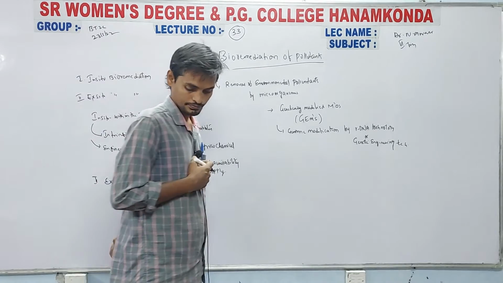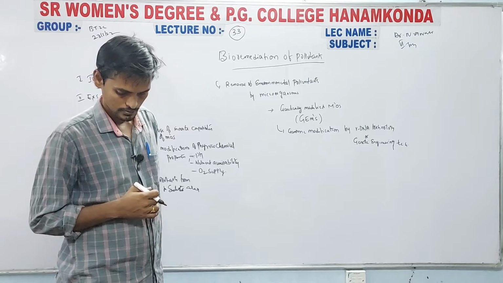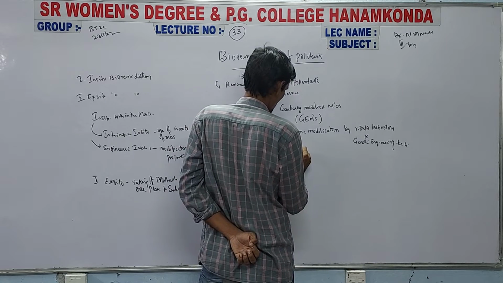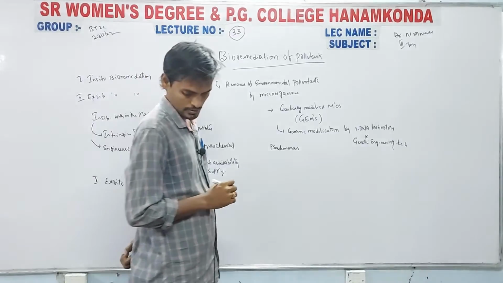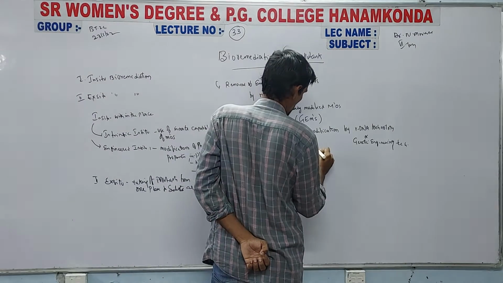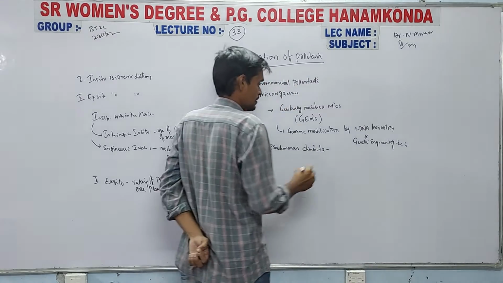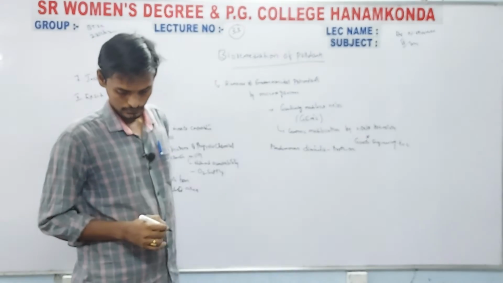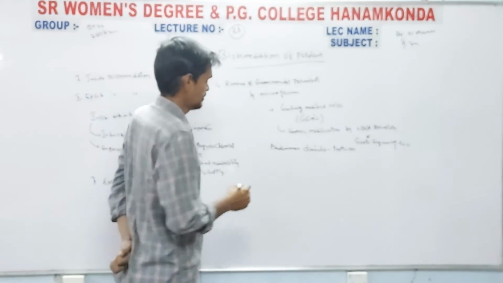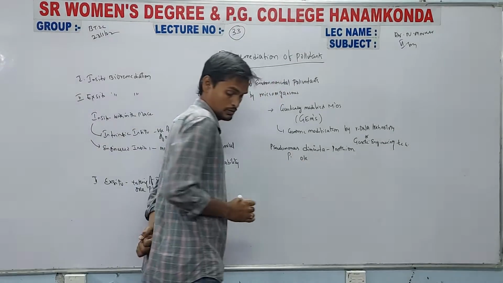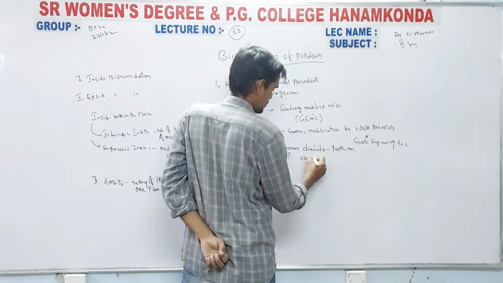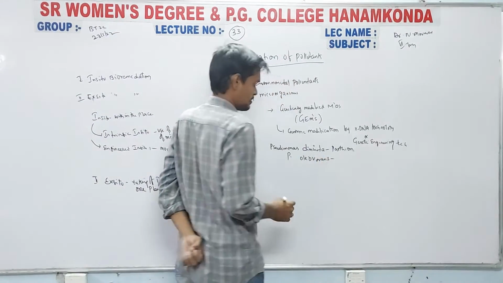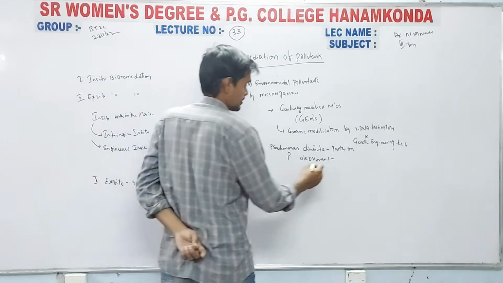We have certain examples. Pseudomonas diminuta, which degrades parathion. Next, Pseudomonas oleovorans, alkanes.